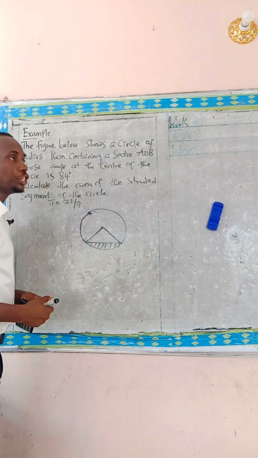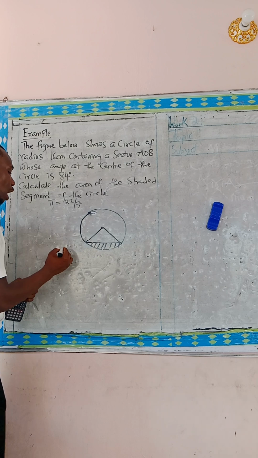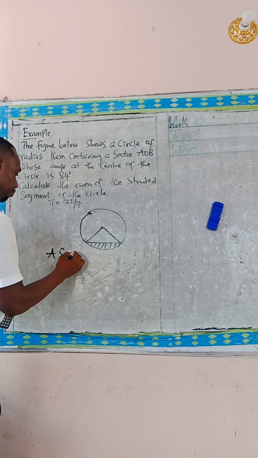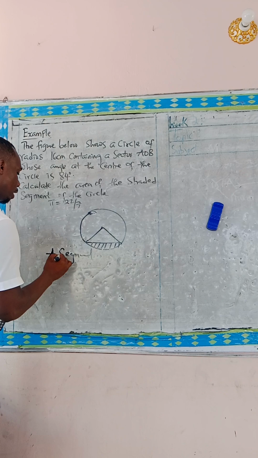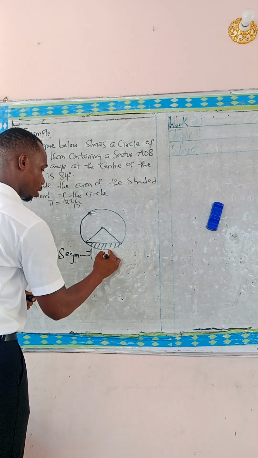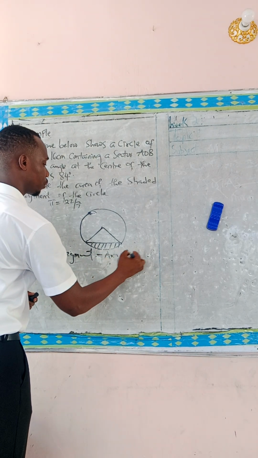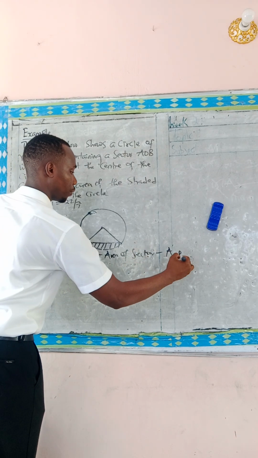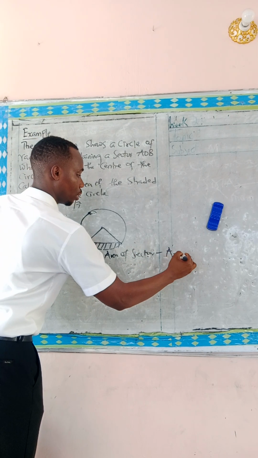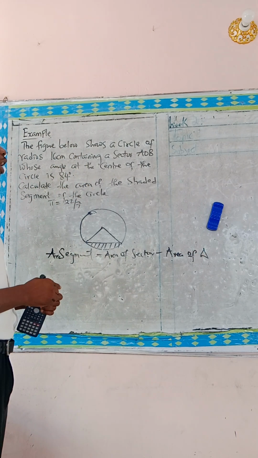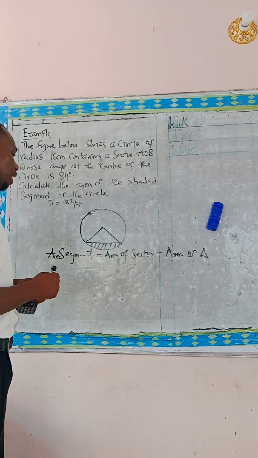That gives us the area of the segment. So the area of the segment will be equal to area of sector minus area of triangle. That gives us the area of the segment.